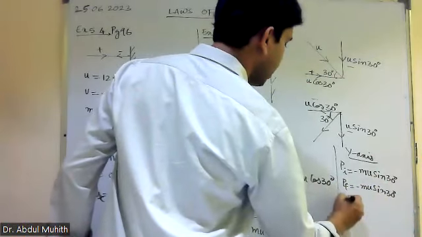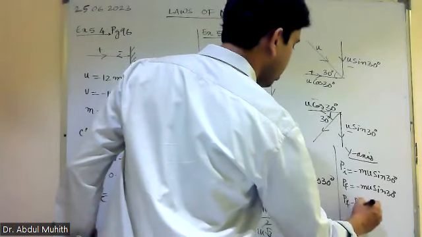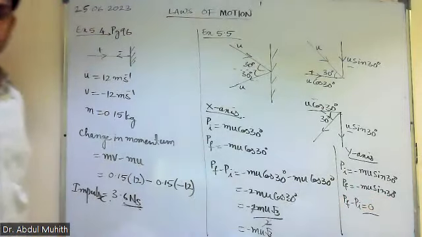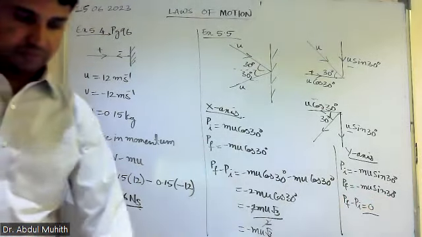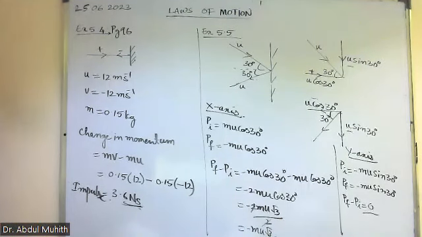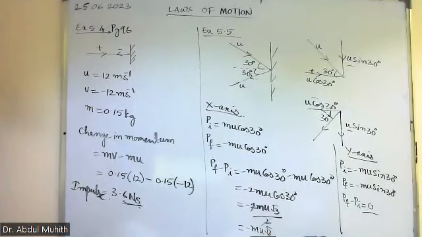So Pf minus Pi is equal to 0. Understood now? Is it clear? Yes, sir. Please copy this, then we'll go ahead. If you have any doubt, please ask me.